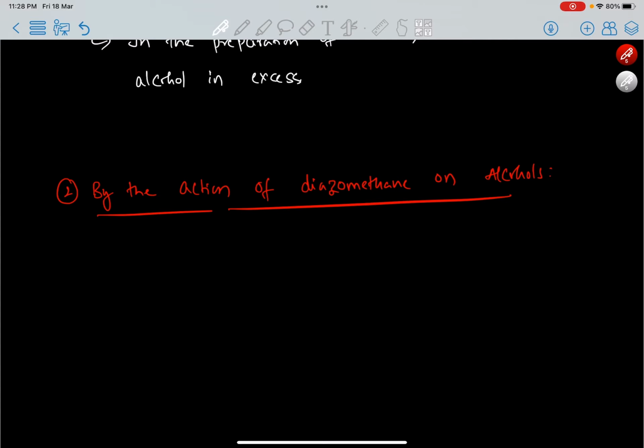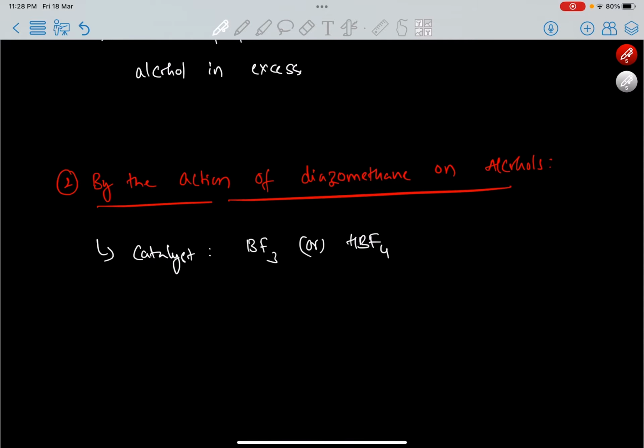Let us see how. So the first important thing in this reaction is the catalyst. We take some Lewis acid catalyst, for example BF3 or HBF4. Any one of them can be taken as a catalyst.